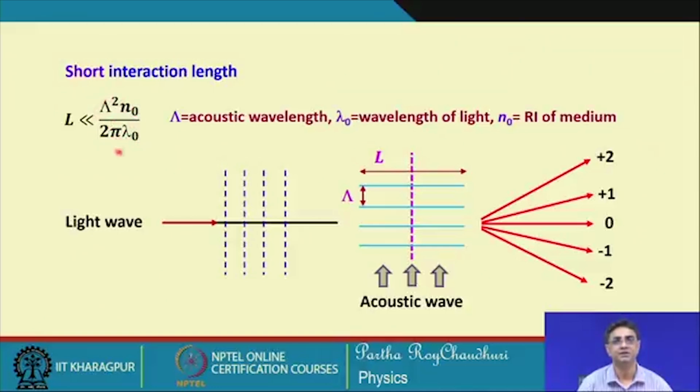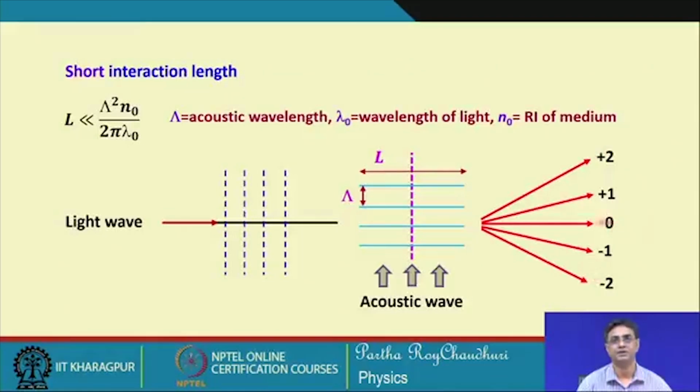In terms of this quantity, we will also check this expression at other occasions. If the width of the acoustic wave is much less than this quantity, then it forms a thin phase grating with respect to the light wave propagating through it, and we will have multiple orders of diffraction.